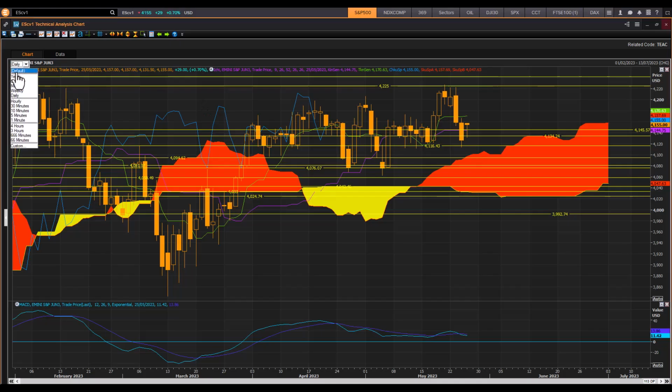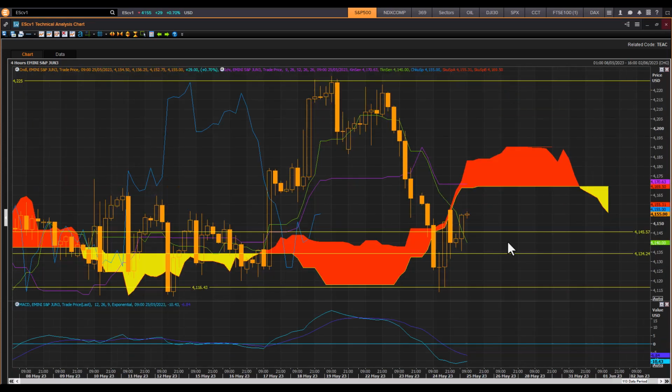Turning to the hourly 4-hour chart, here we can see how we managed to rebound from this bottom end cloud chart support level back above this 4134 support zone. That briefly failed, but we did manage to get back above that, and then 4145 so far. So these are the bottom end support levels on the 4-hour.